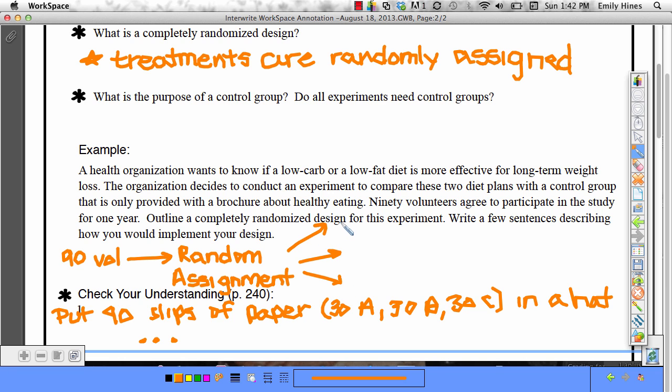So I end up with group 1 with 30 people in it who get the low carb diet. Group 2, and I might even say on there this is the A's. Group 2, which were the B's, had 30 people and they were the low fat group.